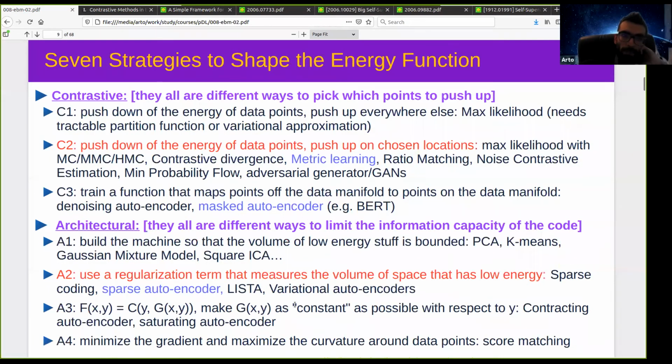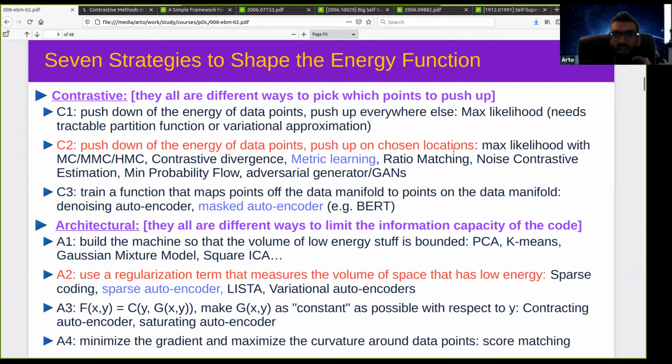And basically, for the contrastive methods, we try to find the points which are on the data manifold and push the energy function down for that point and push it up everywhere else. And there are several categories of these contrastive methods, and one would be max likelihood.